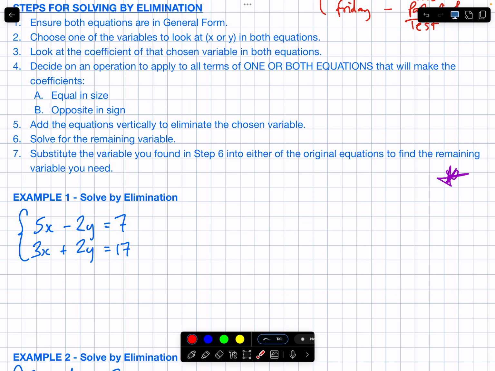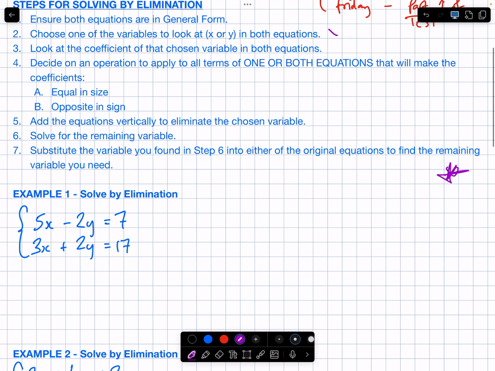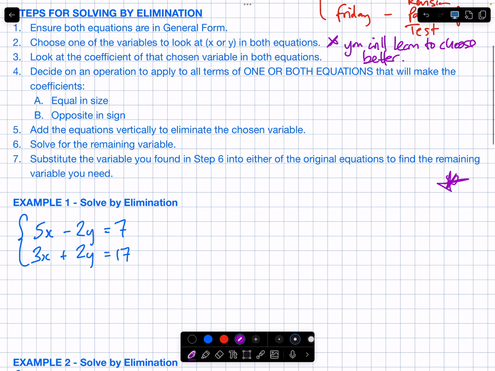I'm going to put a star next to this because you will learn to choose better as you practice. But we're going to look at x right now. So I'm going to put little underlines under x because our student has chosen x to look at. Step 3, look at the coefficient of that chosen variable in both equations.